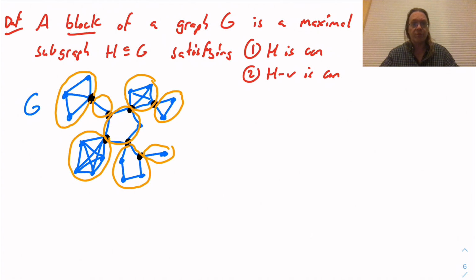It's very transparent in this form. Your graph is basically a tree-like structure of subgraphs that are either 2-connected or almost 2-connected, by which I mean either they're 2-connected or it's just an edge. Okay, so that's the thing that we're going to aim for here.